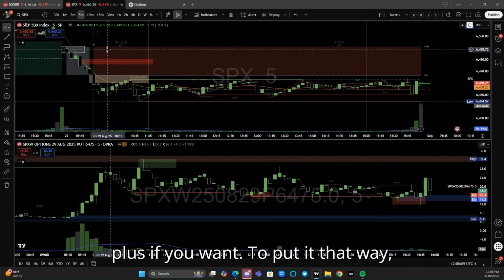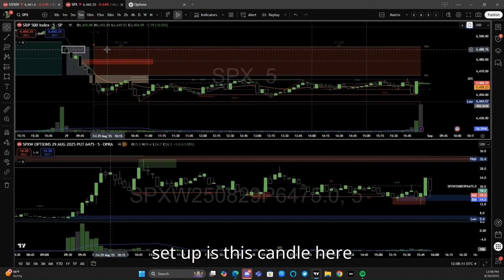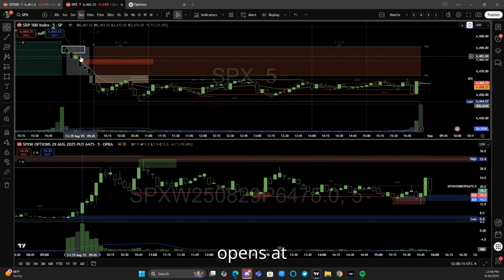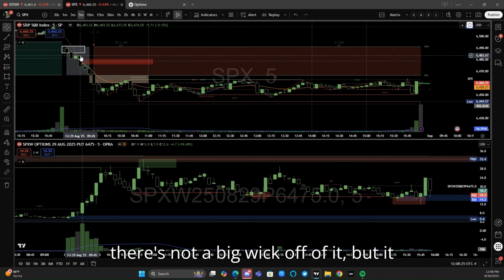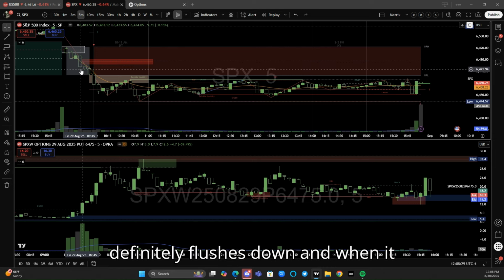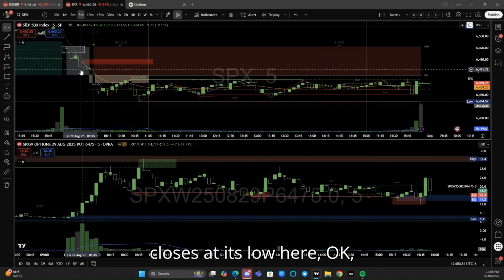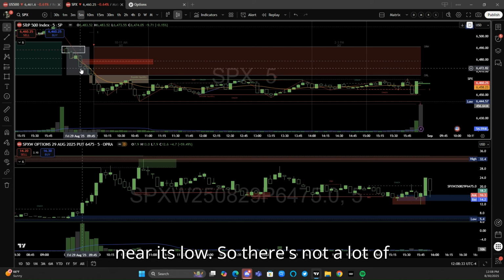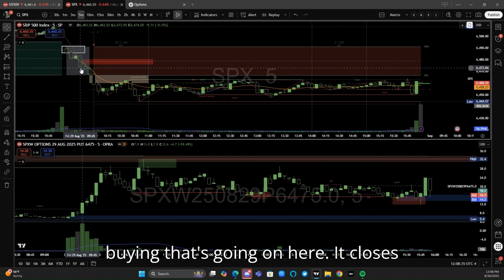But as far as what I'm looking at and what's more of a high conviction, A plus, if you want to put it that way, setup is this candle here that opens at 6483. There's not a big wick off of it, but it definitely flushes down, and it closes at its low, near its low, so there's not a lot of buying going on here.